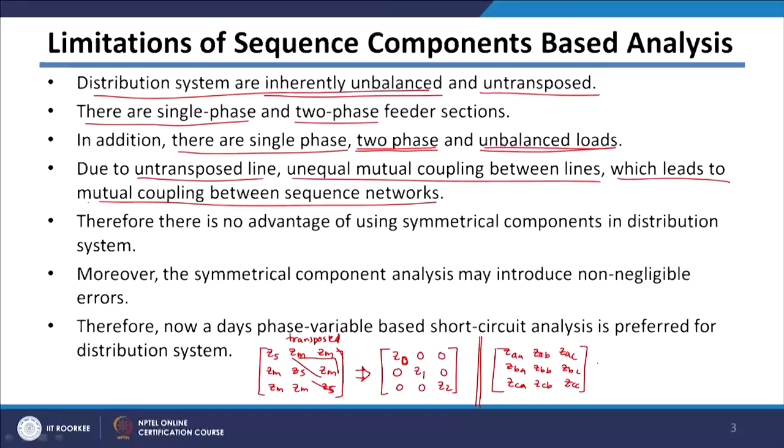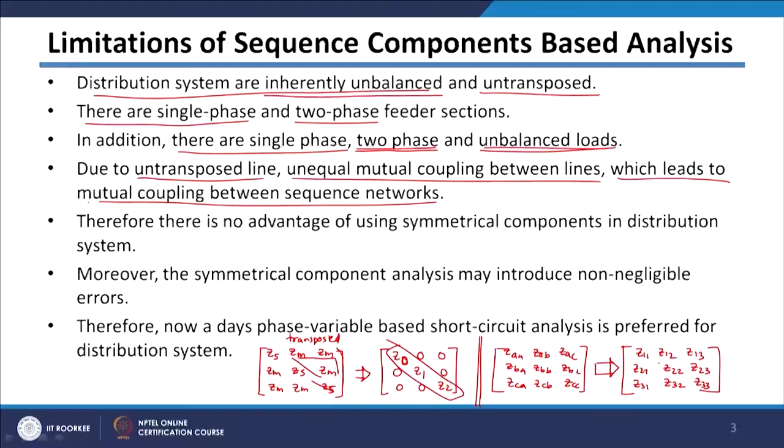If you get the sequence impedances, not only the diagonal entries will exist: it will be Z11, Z12, Z13, Z21, Z22, Z23, Z31, Z32, Z33. So you can see that these sequence networks are not exactly decoupled.